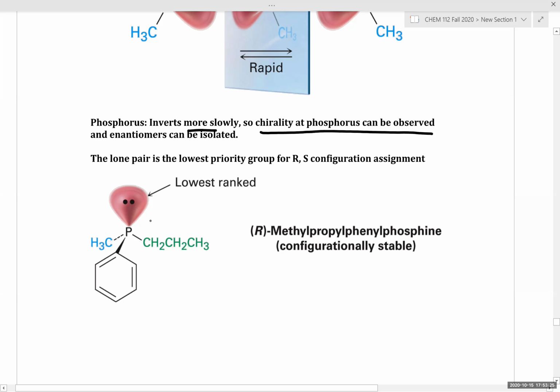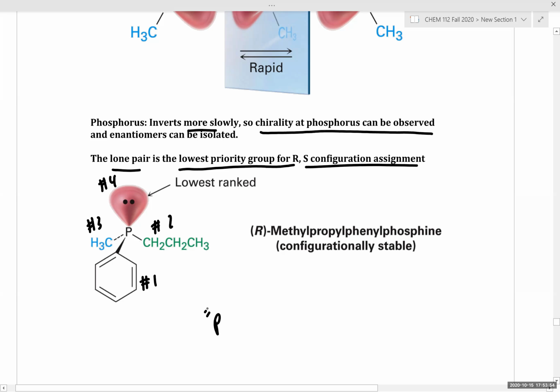So when you think about assigning stereochemistry for phosphorus, the lone pair is considered the lowest priority group for assignment. So in this case, looking at the following structure, the benzyl group or aryl group, or this benzene ring would be priority 1. The ethyl group would be priority 2. The methyl group would be priority 3, and the lone pair would be priority 4.